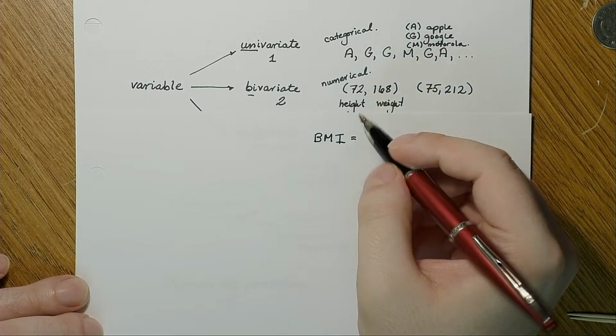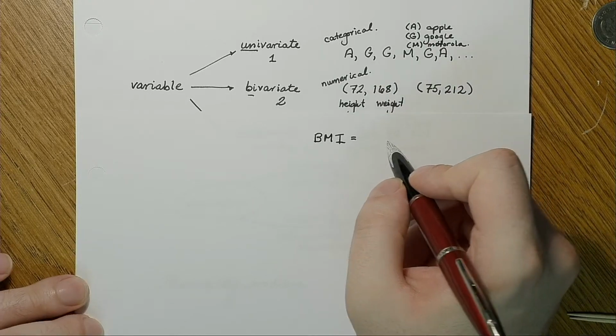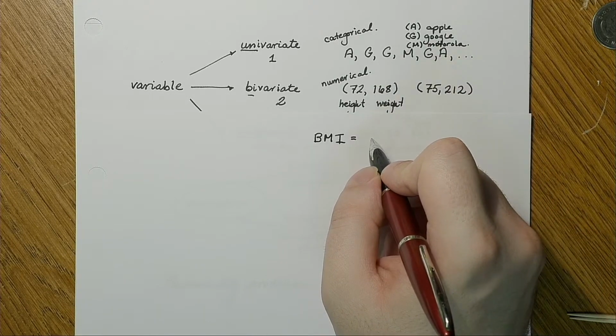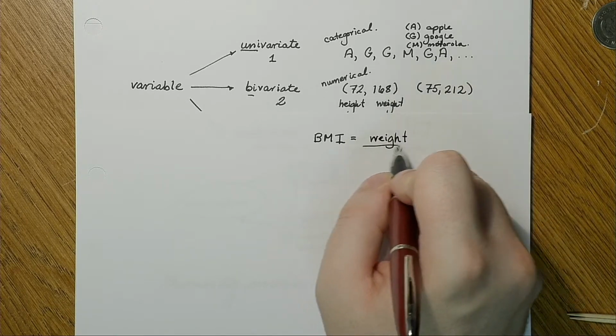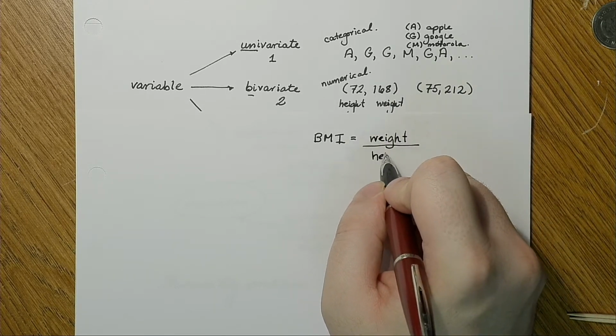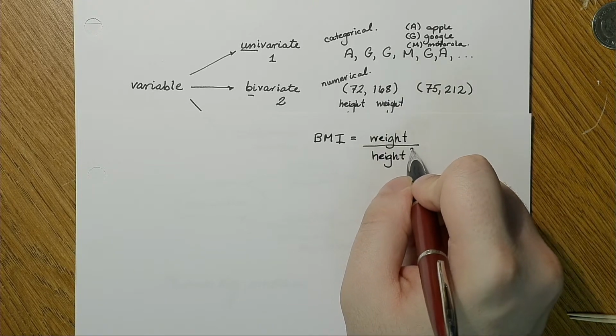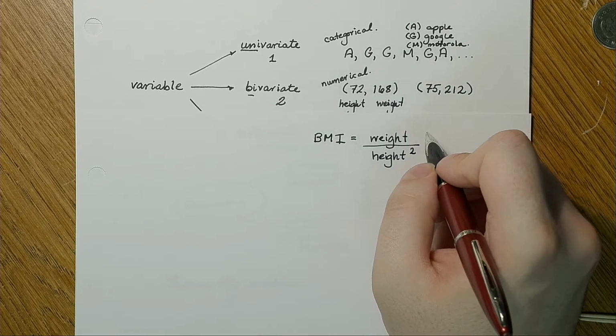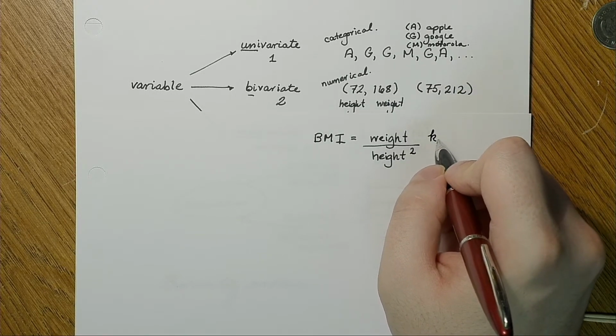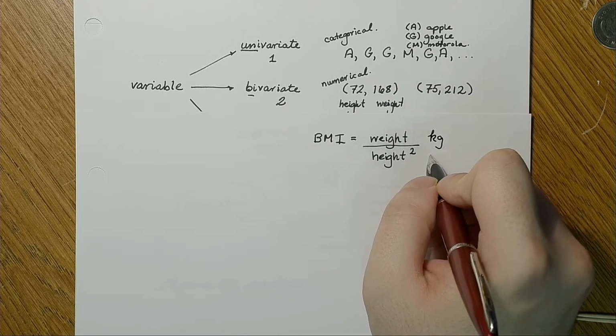What we usually do is the weight over the height squared. Now this is usually in kilograms, and we usually think of this in meters.